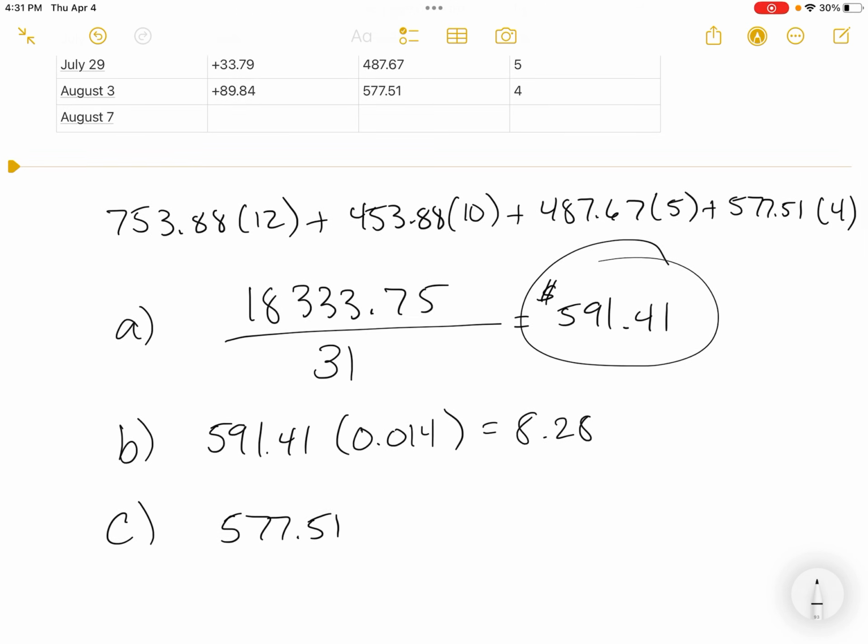What you owe the bank on August 7th is $577.51, and then they're going to add to that an $8.28 charge. So as we take the $577.51 and add the $8.28, you get the $585.79 that you have as a correct answer for C.